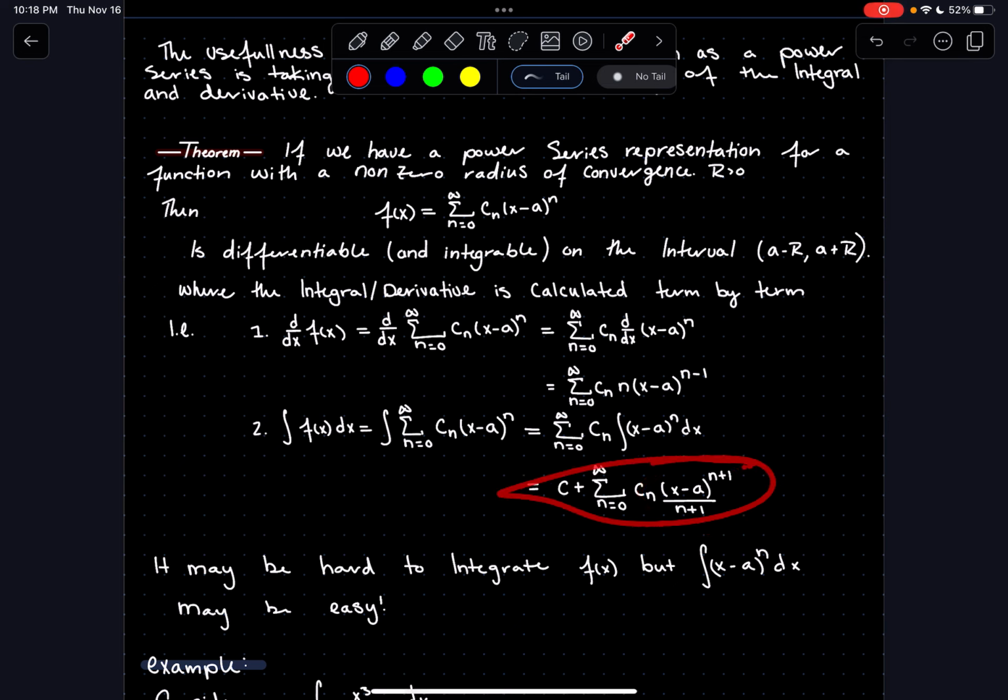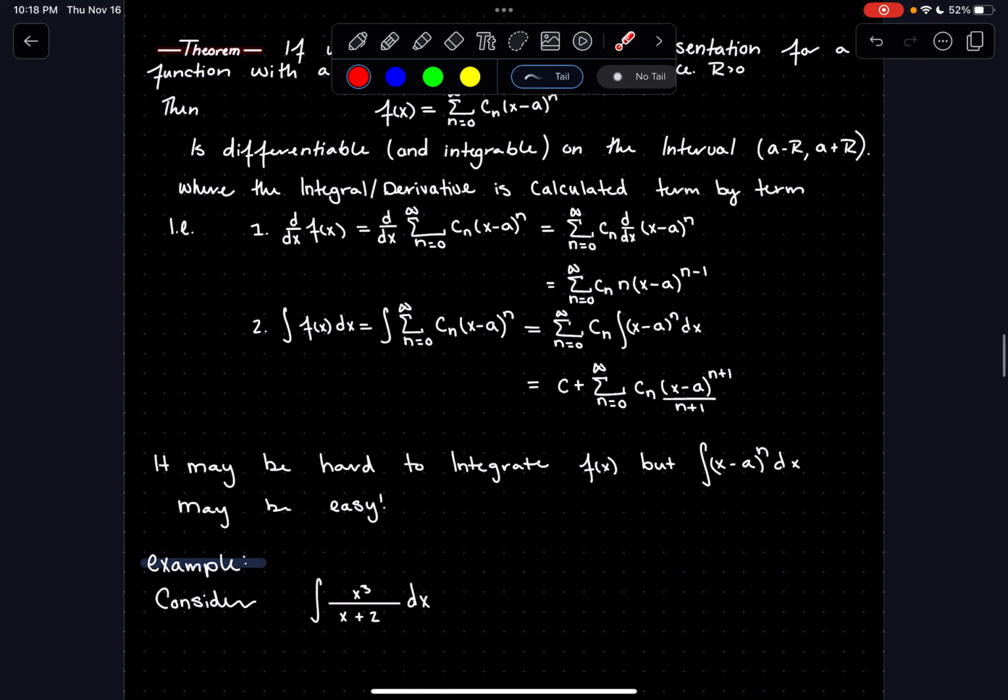This is a power series representation of the integral of this function, right? So f may have been hard to integrate, but this guy right here is usually super easy to integrate, right? So it can take an integral that's hard and turn it into an integral that's easy, right?